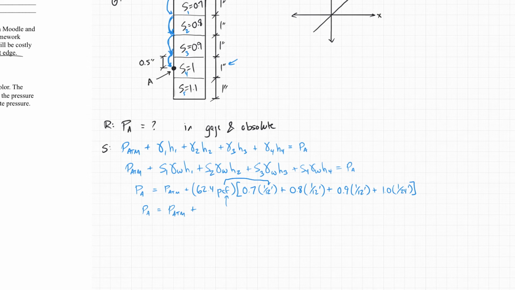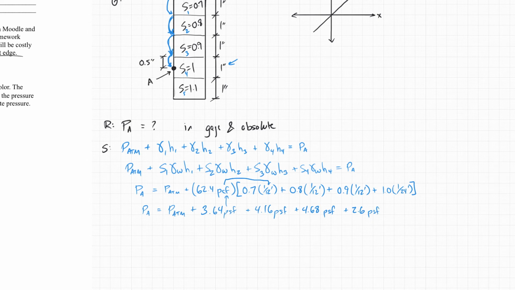So I'm going to distribute this 62.4, and I'm going to get 3.64 pounds per square foot plus 4.16 pounds per square foot plus 4.68 pounds per square foot plus 2.6 pounds per square foot.